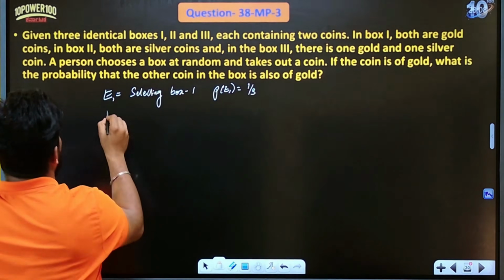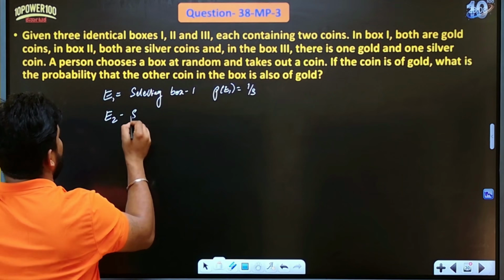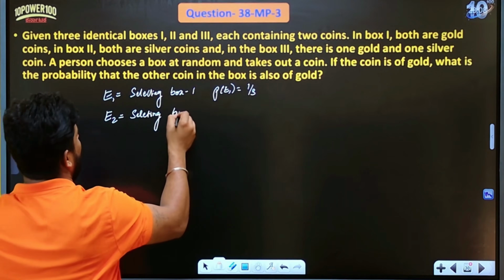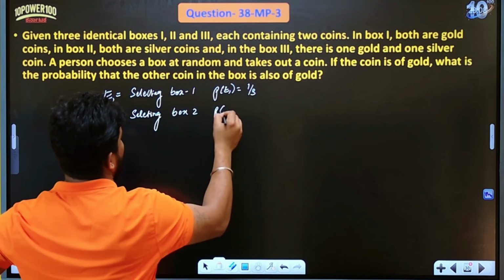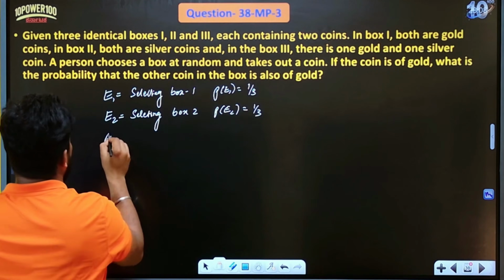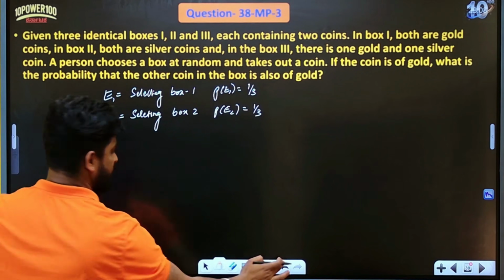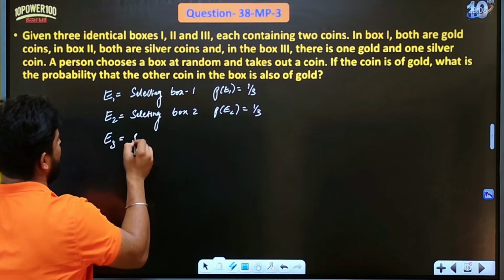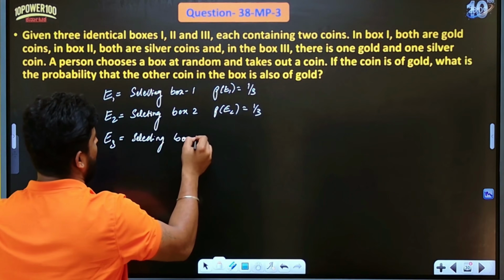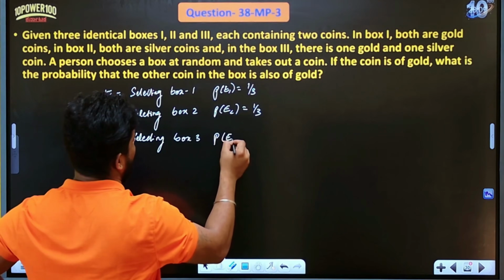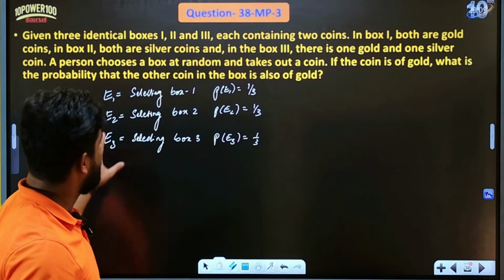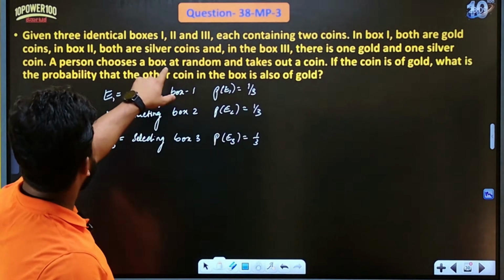Next E2 is selecting box 2, so P of E2 is equal to 1/3 once again. Next, event E3 is equal to selecting box 3, so P of E3 is equal to 1 by 3. So this is the probability of these events. Look at this.